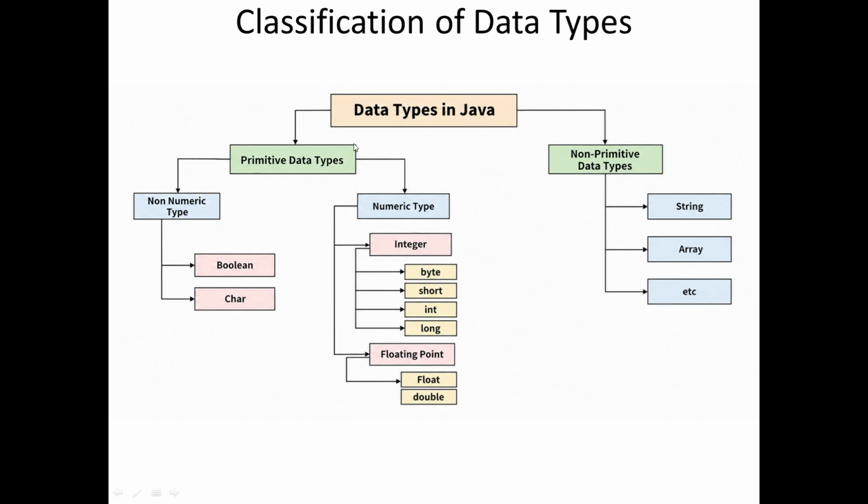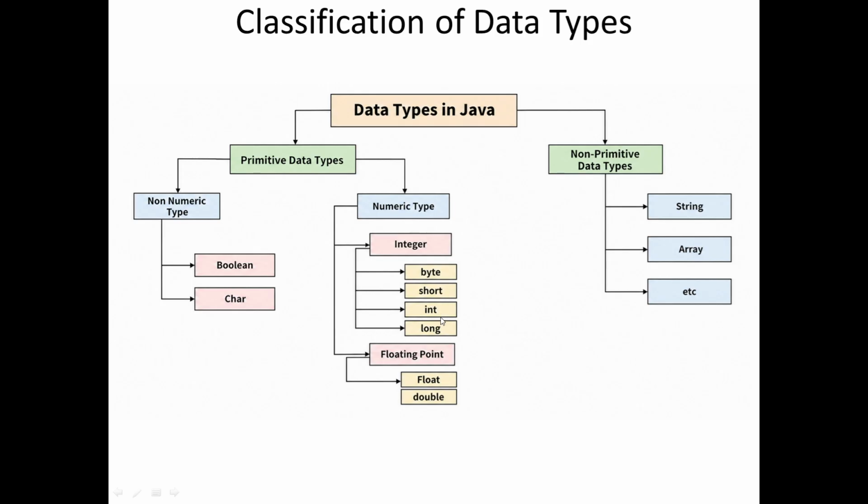Data types in Java are of two types, primitive and non-primitive. Primitive again has two types, non-numeric and numeric. Numeric means numbers. Boolean and character are not numbers, that's why they are non-numeric. Numeric type is again divided into two.